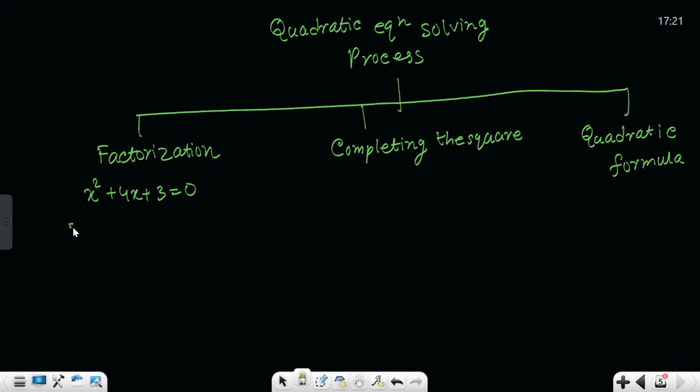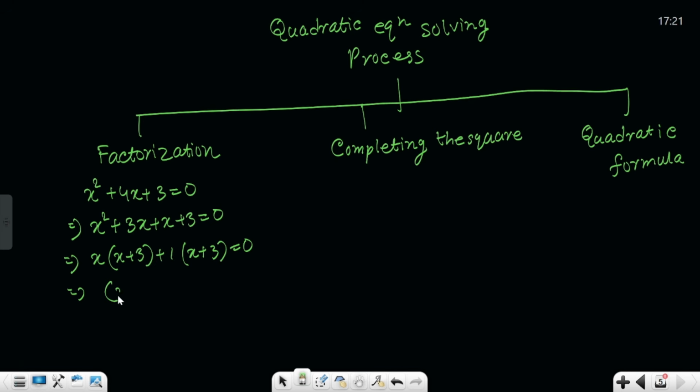This can be written as x squared plus 3x plus x plus 3 equal to 0, right? So x into (x plus 3) plus 1 into (x plus 3) equal to 0. So this will be (x plus 3) into (x plus 1) equal to 0. Now the product of these two quantities is equal to 0.